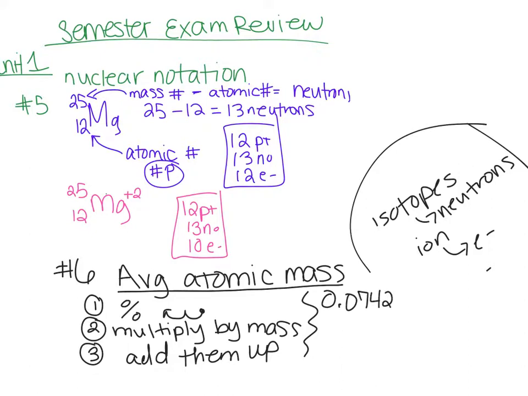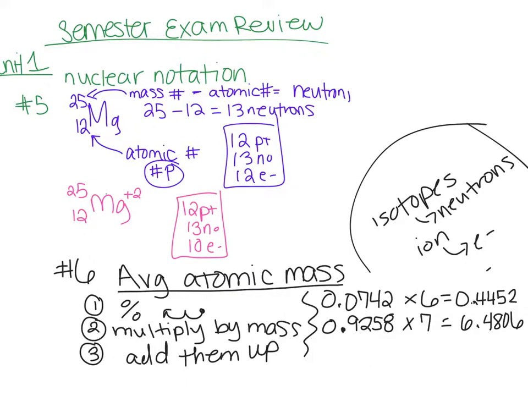So what we would have here, for our percentages, is 0.0742. As you can see, I bumped that decimal 2 to the left. I'm going to multiply it by its mass, 6, and the answer you would get is 0.4452. Then I would take the next percentage, bump that decimal 2 to the left, and multiply by its mass to get the answer 6.4806.